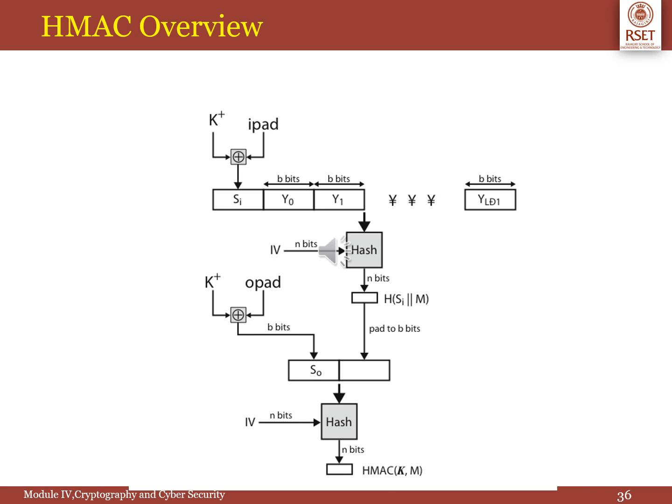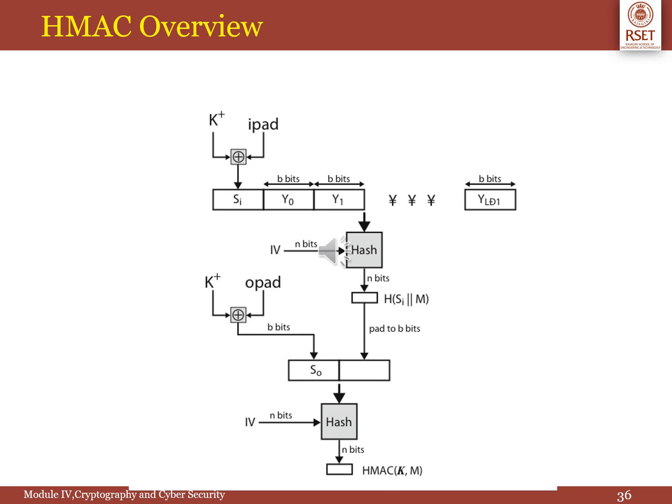And if K plus is not equal to 512 bits, then we pad K plus with the ipad so that it becomes 512 bits, which is marked as Si, and this is appended with the message blocks and given to the hash function, and you generate the n-bit hash value out of this message, and then this is taken as the input for the next round.